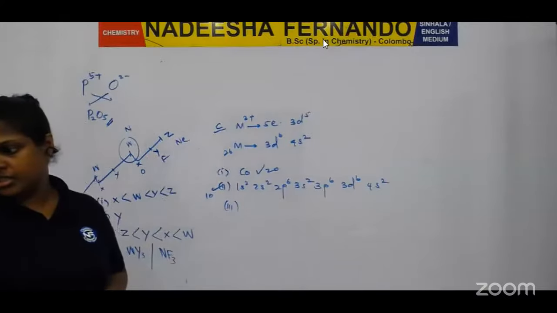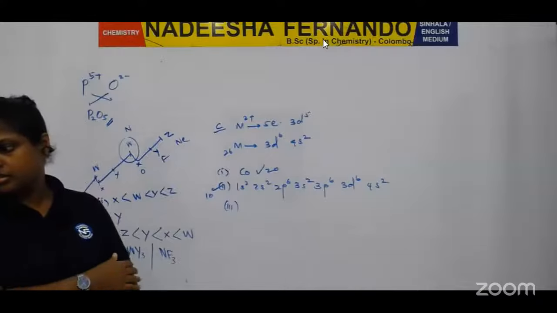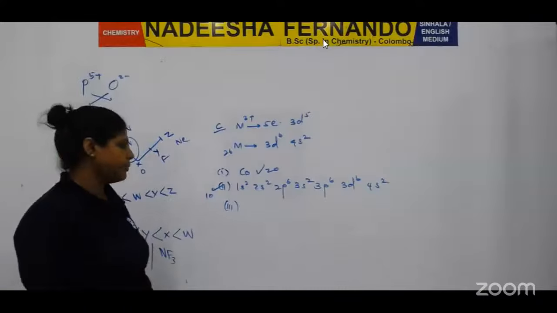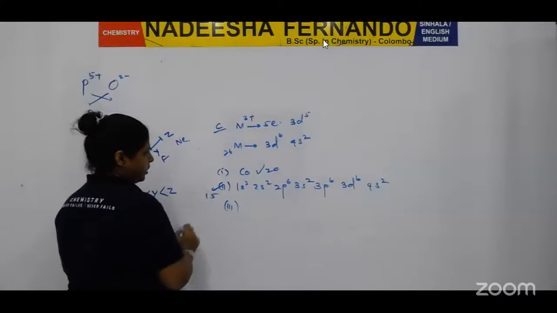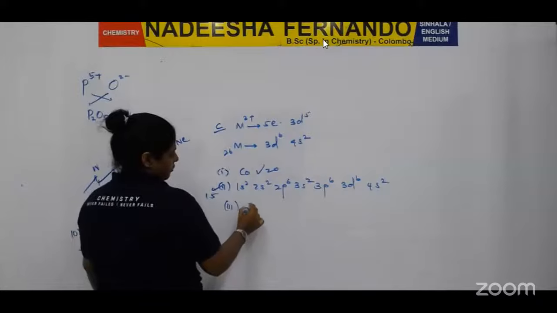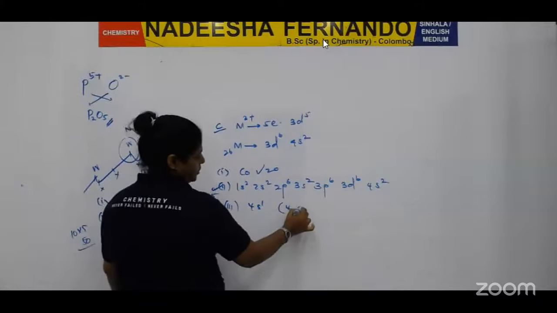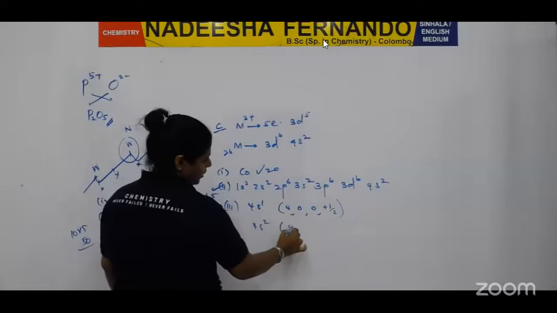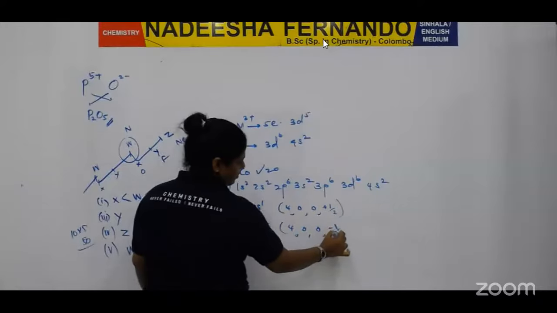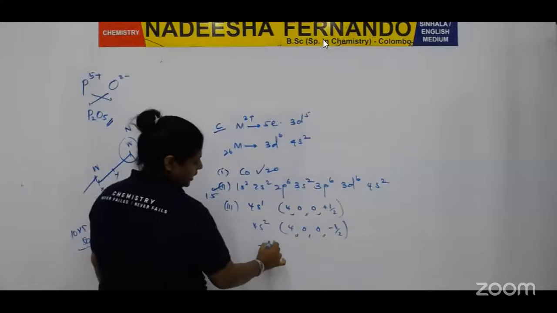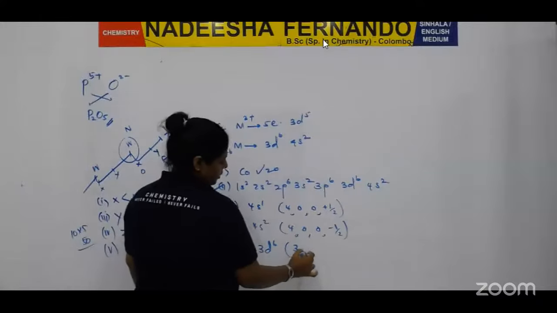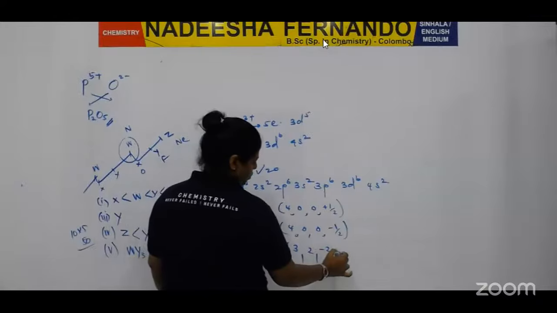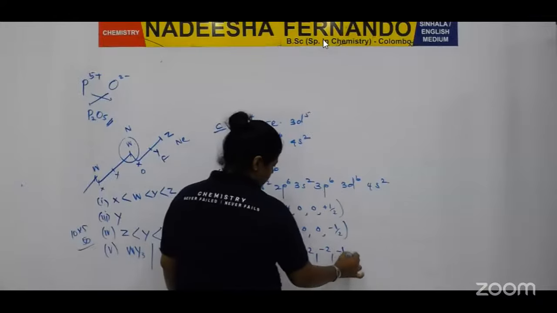Third one, write the set of 4 quantum numbers for the outermost electrons. For 4s1 we can write 4, 0, 0, plus half. For 4s2 we can write 4, 0, 0, minus half. For 3d6 we can write 3, 2, minus 2, minus half.